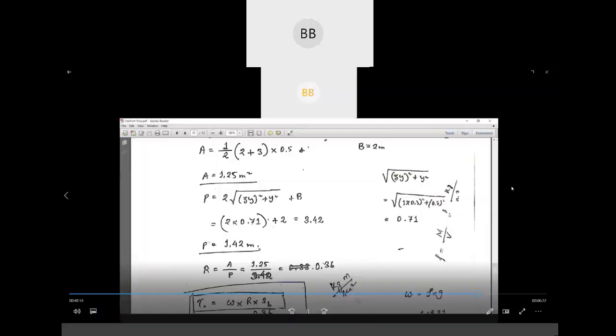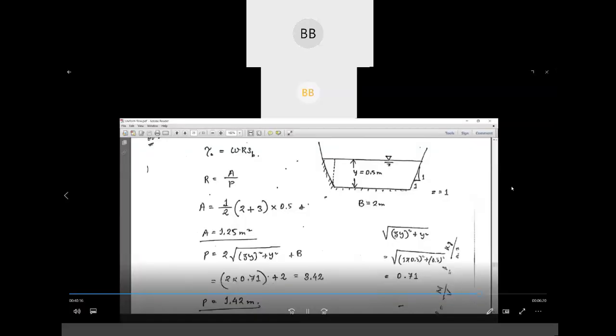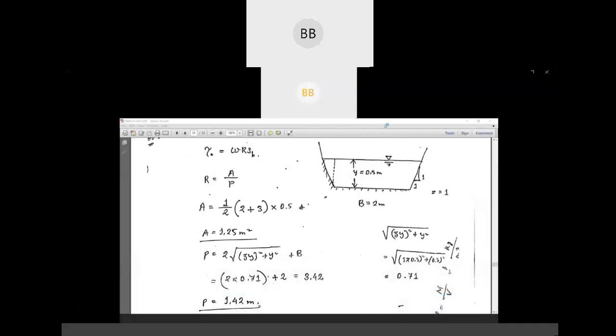Once you find out area, then we have to find out the wetted perimeter. Again, for wetted perimeter, we have to consider this side, this, and this. If you remember, this is our y, this is our zy, this part is nothing but the width of the channel, and this part is again zy.